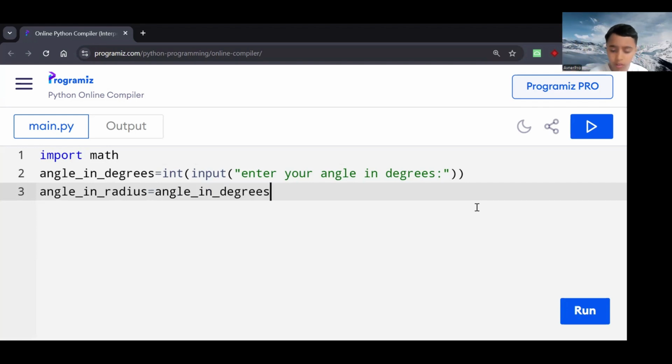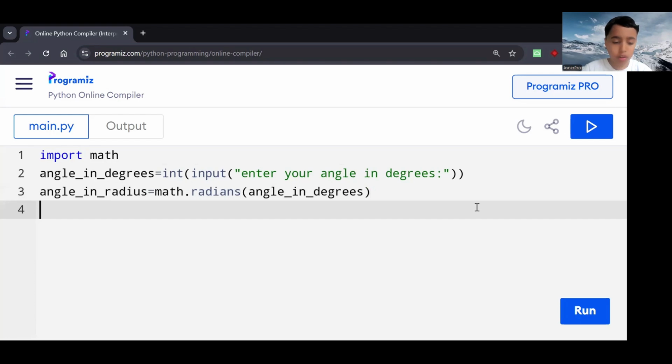Angle in degrees dot radians. Math dot radians, angle in degrees. Right. Angle in radians.